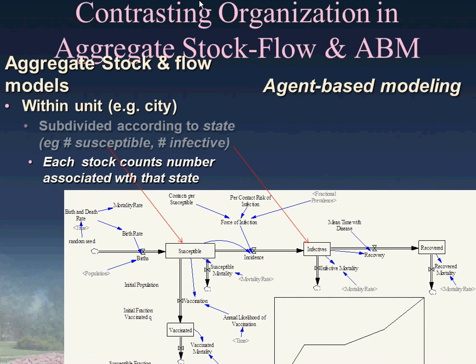You could have a whole copy of this. So the flow from recovered would now no longer go back to susceptible. It would go to susceptible and infected once before, and then infective and infected once before, and recovered and infected once before. And then the flow from recovered once before, for waning immunity, would go back to susceptible twice infected before.